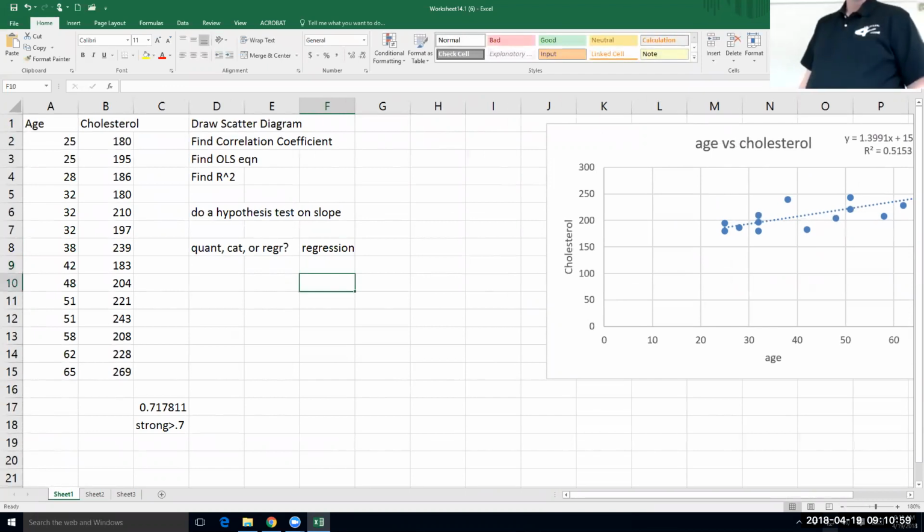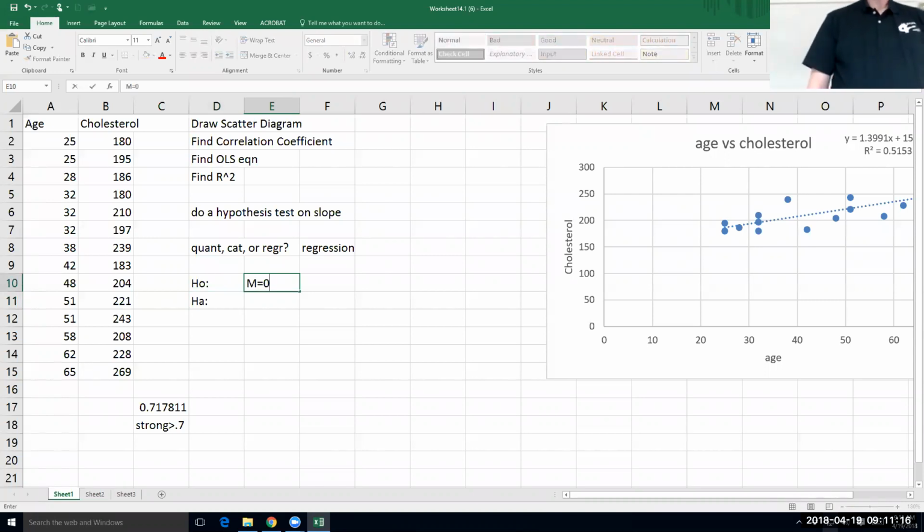Okay, so now the next question is, what's the null and the alternative hypothesis? Okay, and Adam, what's the null hypothesis? Capital M equals 0. I think I might not have done that yesterday, but you should use capital M because it represents the slope.